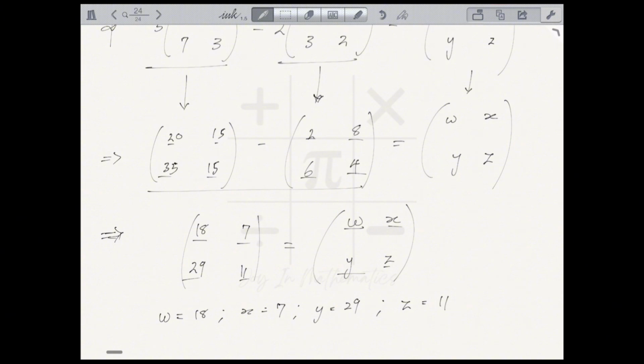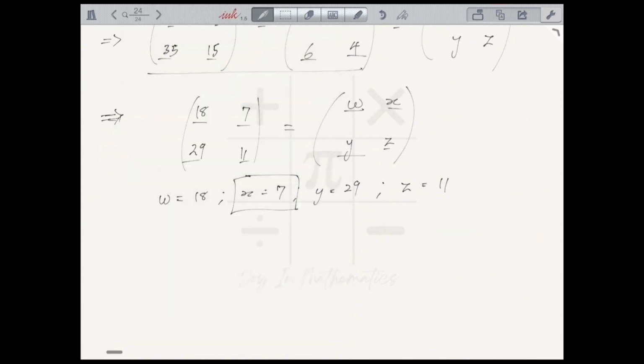The question says we should evaluate for x, therefore x is equal to 7. So in concluding scalar multiplication, we know that k aij is equal to kaij, where k is a scalar multiplier and aij is the element of the matrix.